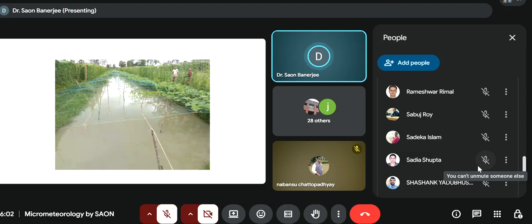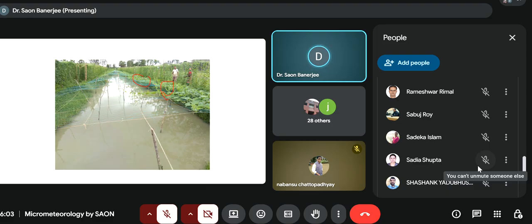Now, to prevent evaporation from the small water surface, the bands of the water, on two sides of the band, they are growing the type of crop which needs a scaffold. So that net is used as a scaffold. Over this net, pumpkin or bottle gourd is grown.